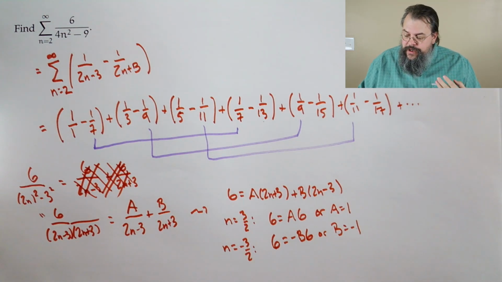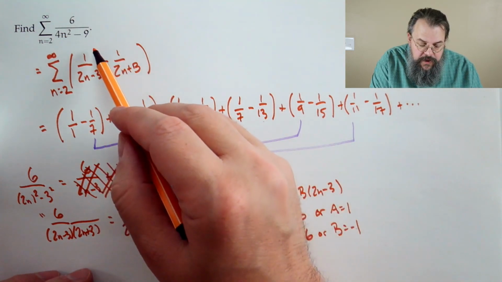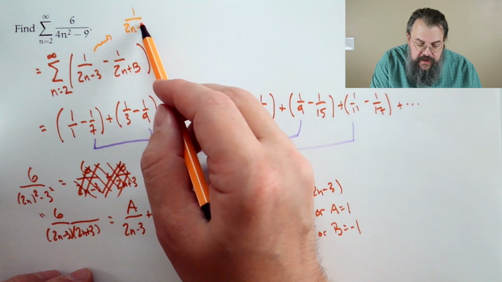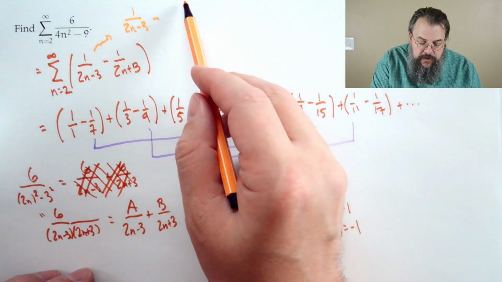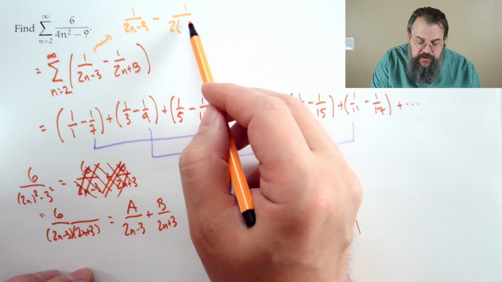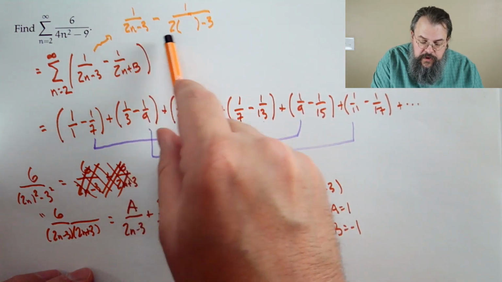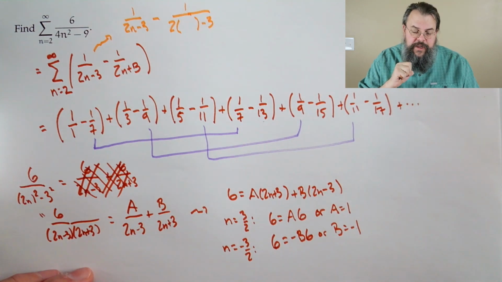Well, it comes back to our pieces. If we think of this as our basic mold, 1 over 2n minus 3, I want to write this as 1 over 2 times something minus 3, because this will help me figure out the right offset. How far off do I have to go to get my cancellation?